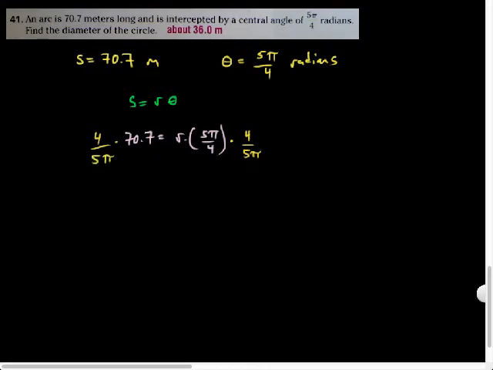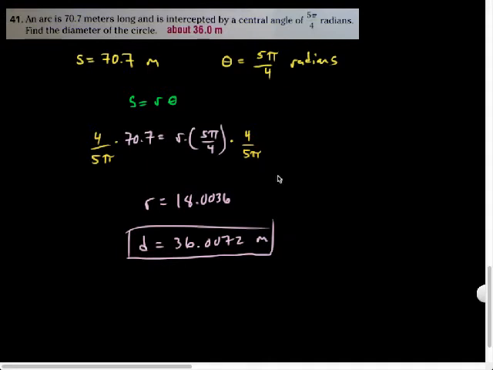And I'll end up getting r equals 70.7 multiplied by 4 divided by 5 divided by pi. Notice I did double divide. I also could have divided by, in parentheses, 5 pi in my calculator, and that would work as well. And I get r is equal to 18.0036. So if I want the diameter, I would just double that, and that's where I'd get 36.0072 meters. So you can use this technique to work backwards too.